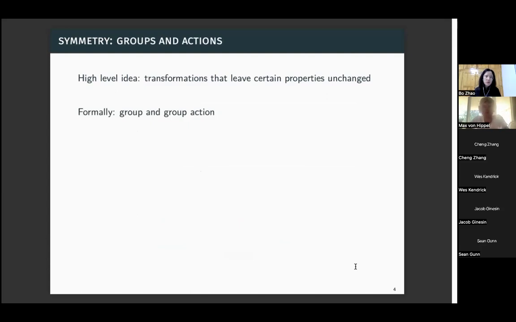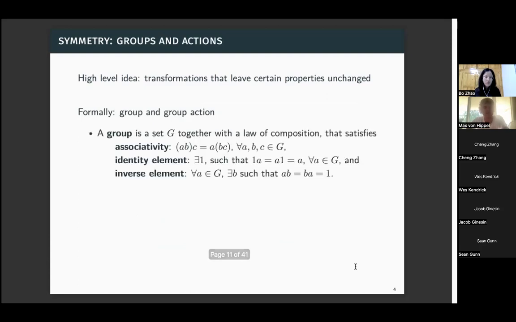To describe these symmetries in a more formal way, we need the language of groups. A group is a set together with a law of composition. The binary composition needs to be associative, and the set needs to have an identity and an inverse for every element.